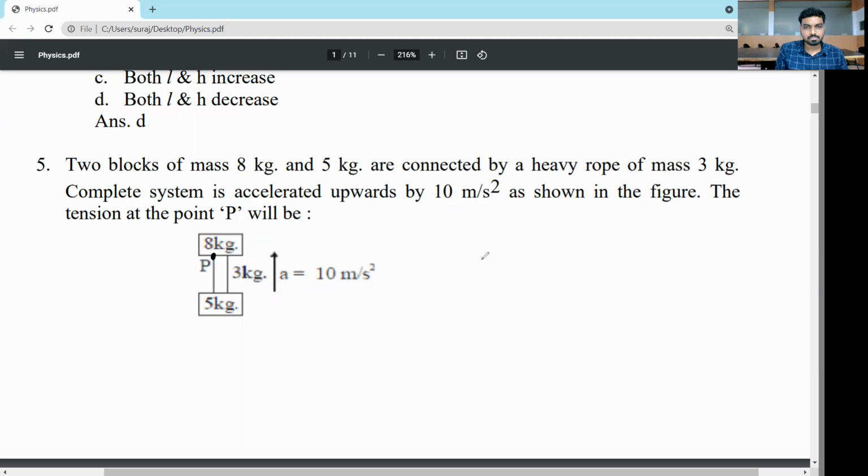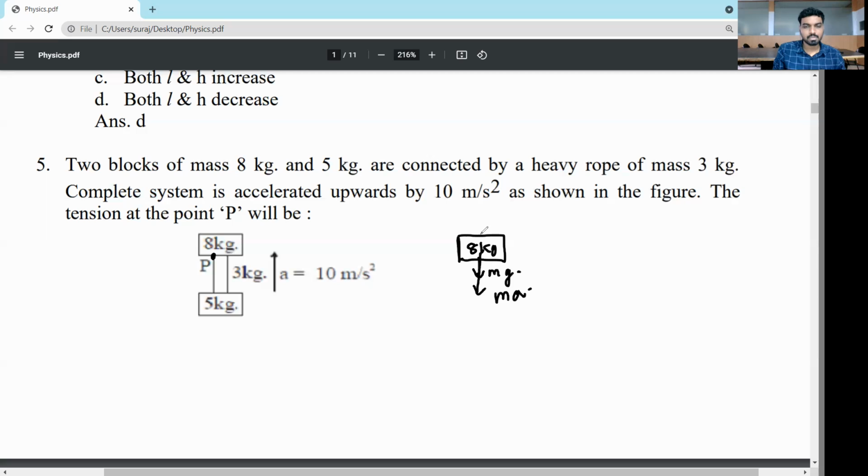Now this is 8 kg. So this will be mg, and this will be pseudo force ma. Clear? Now this is the free body diagram of the 8 kg mass. mg is downwards, pseudo force is also downwards.